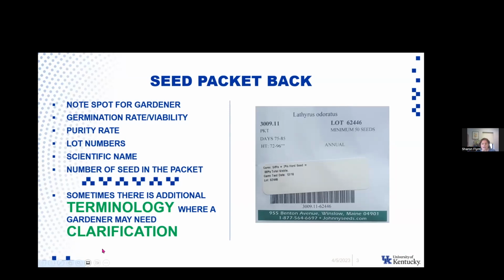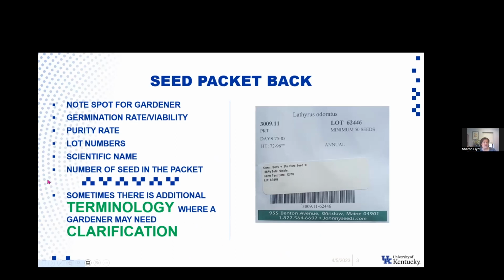Like with this particular seed, the viability is 86%, and the germination rate is about 84%. So if you planted 100 seeds, probably you would have 16 of those seeds that wouldn't germinate. That's essentially what they mean.